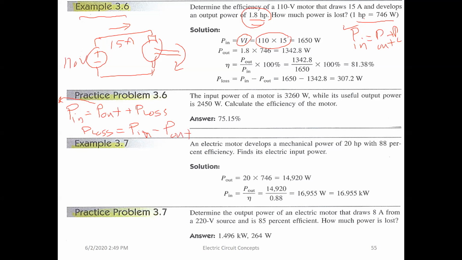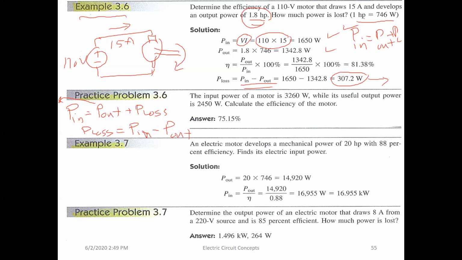Okay, so again, given Pin and P out, I can go directly and plug into this formula, 1650 minus 1342.8. So this is how much power this machine will be losing. Okay.